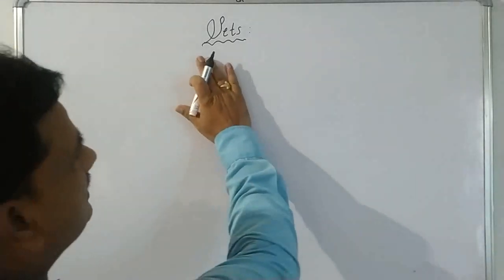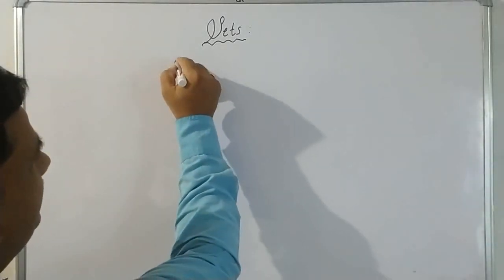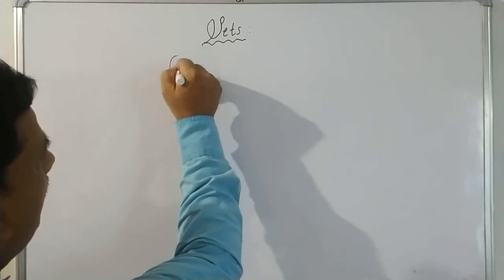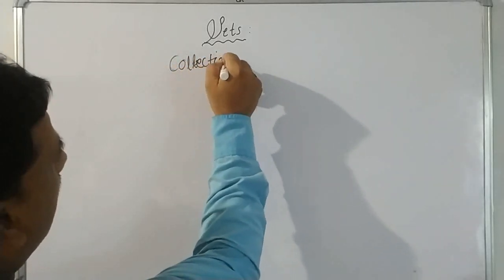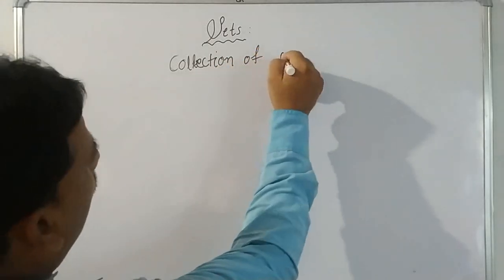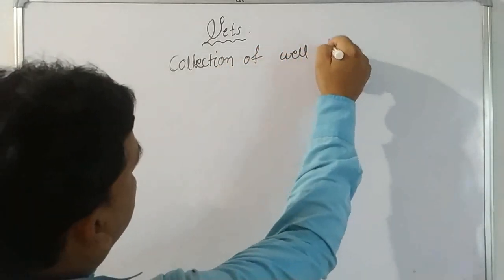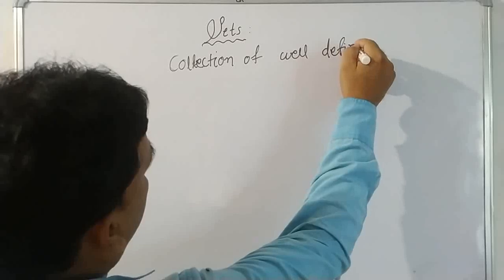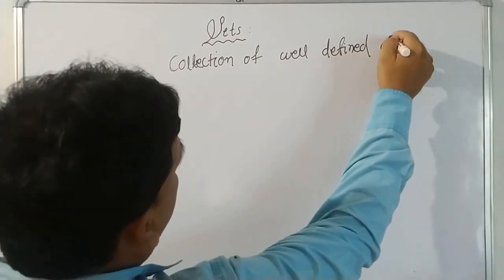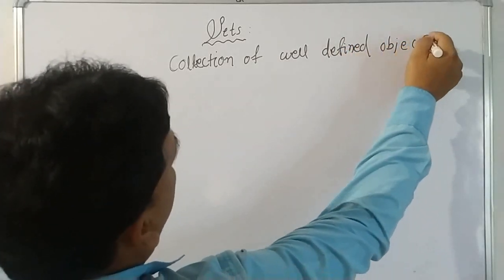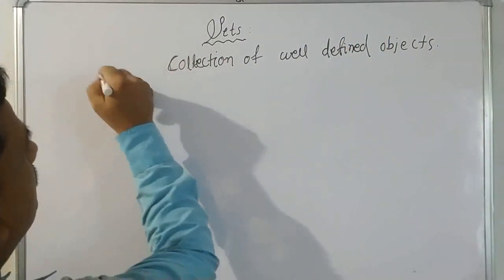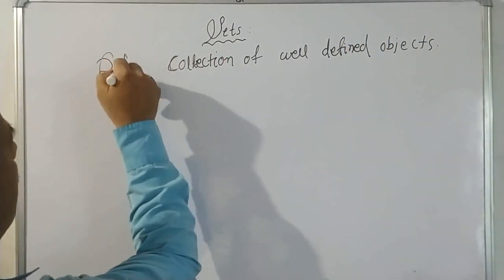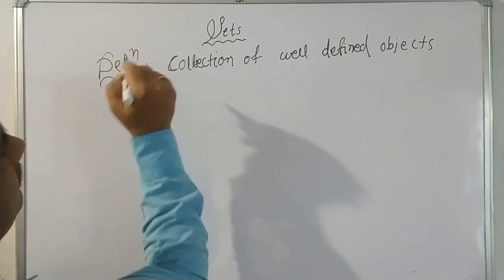So what is a set? A set is a collection of well defined objects.